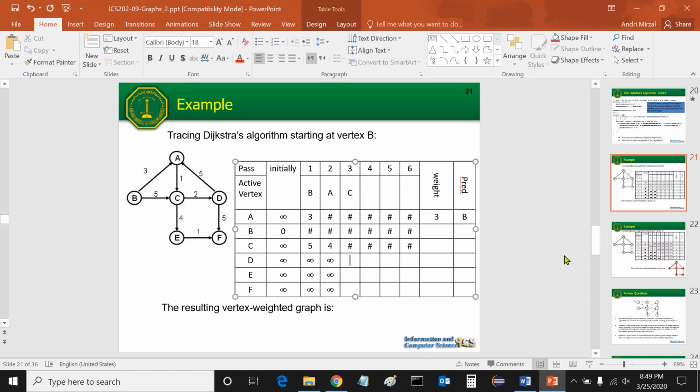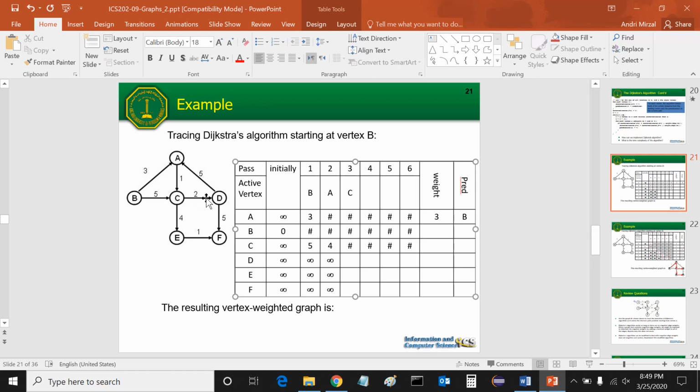Okay. Now from C, we can go to D and E, right? So now this is D and this is E. From C we go to D by using this path.